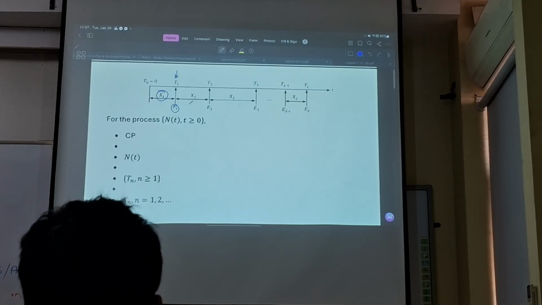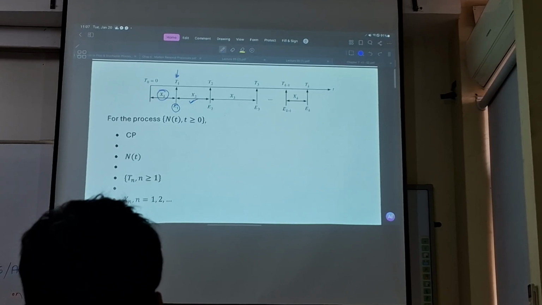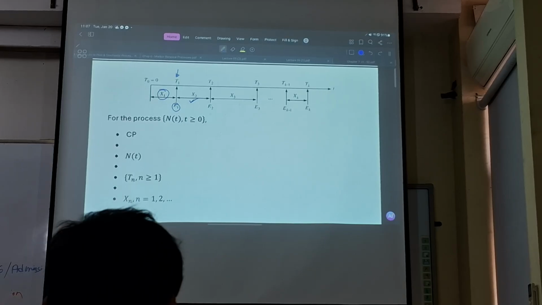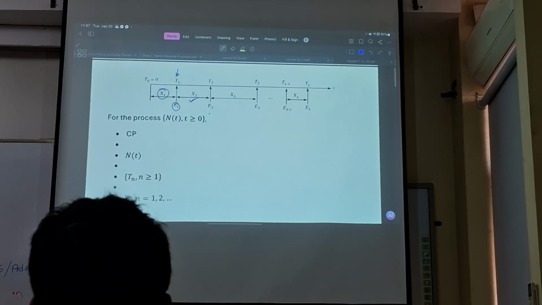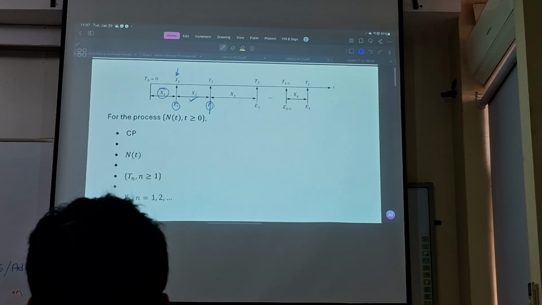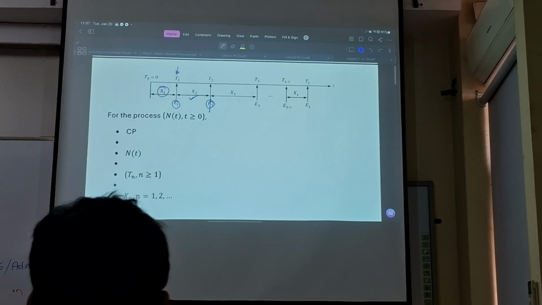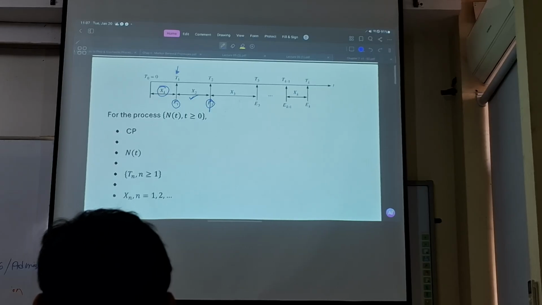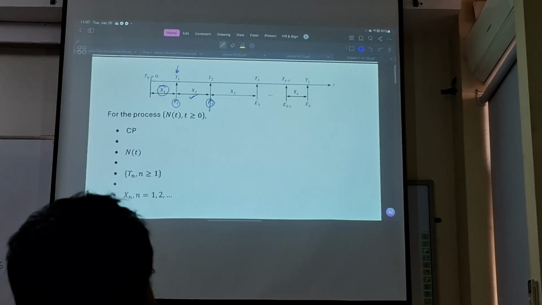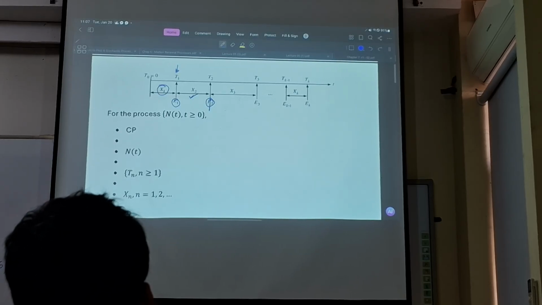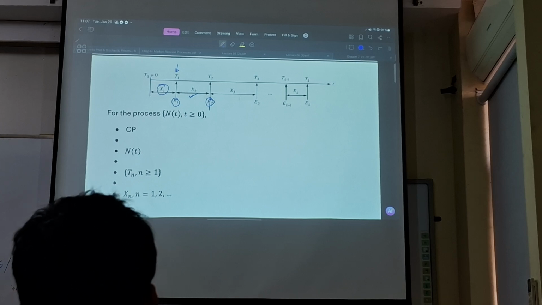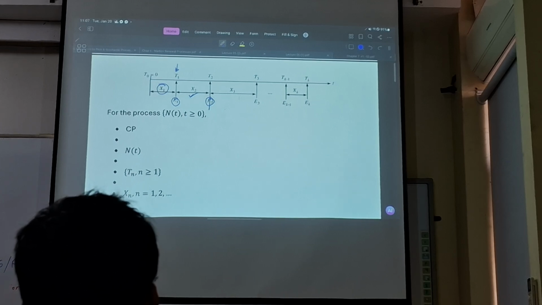Then X2 is the lifetime of the second bulb. The second event occurs here, that means the second bulb gets used here. And these T's are times measured from the starting, that means from 0 to here. And this X is this one.